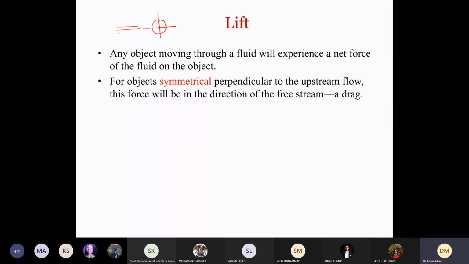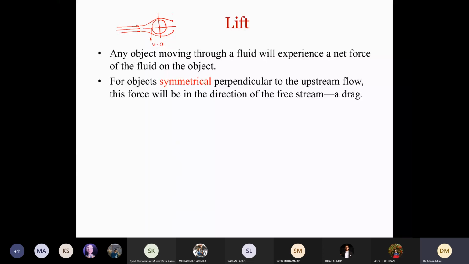So the incoming flow that will strike the circular cylinder at the center point will have zero velocity because of the stagnation point. The particle of flow that will be going over the circular cylinder will move like this and separate from this point, and the particle that is moving below will move like this and separate like this.